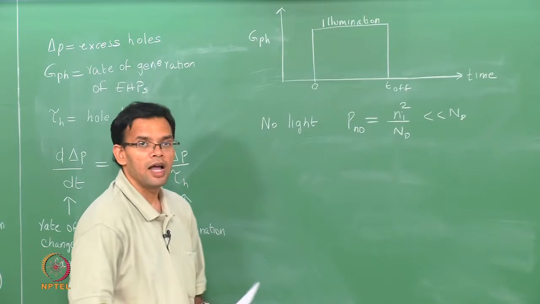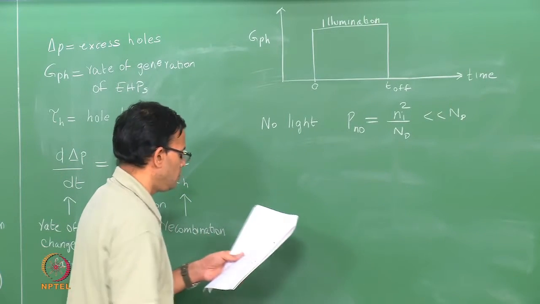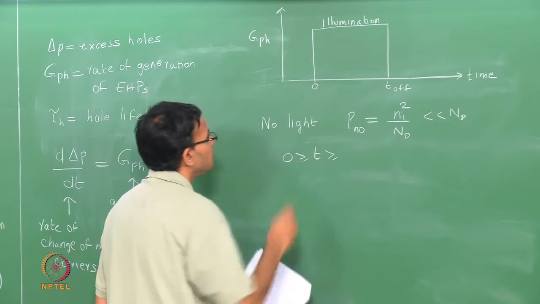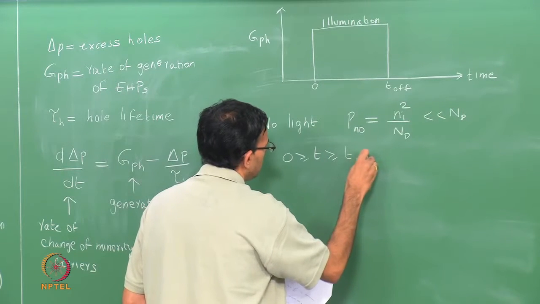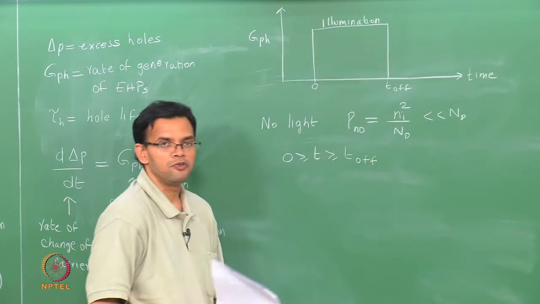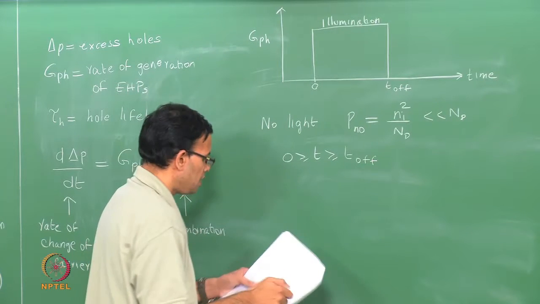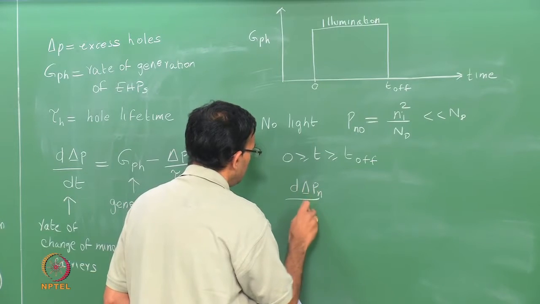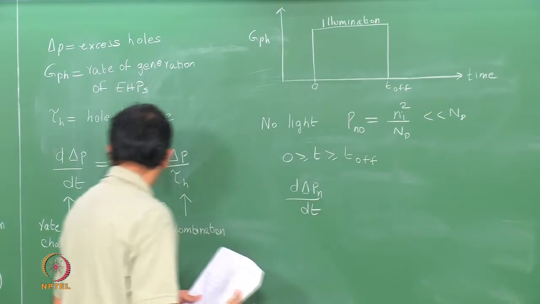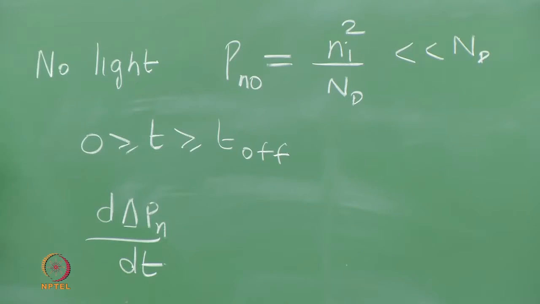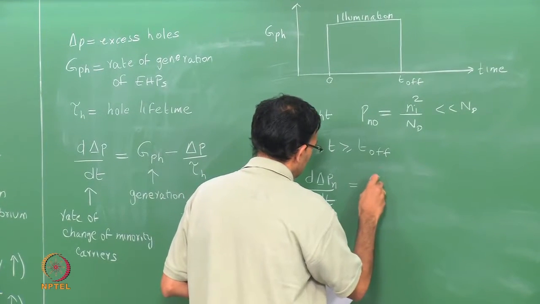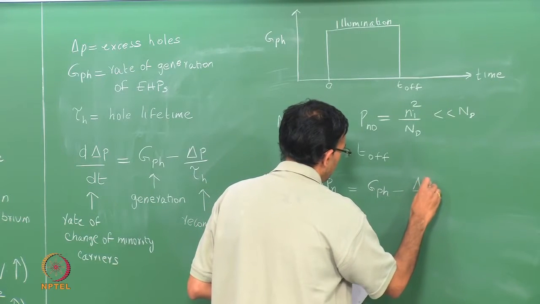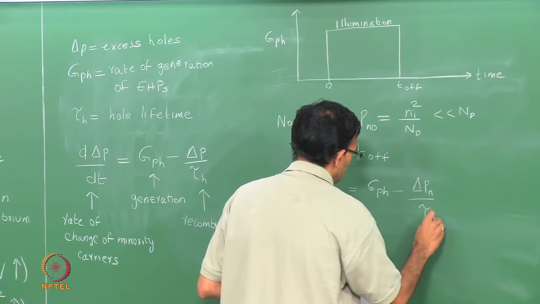So, now I have the light being turned on, so that my time is greater than 0, but before it is switched off, before t off. In this case I can write this equation: d delta Pn by dt is Gph minus delta Pn over tau h.